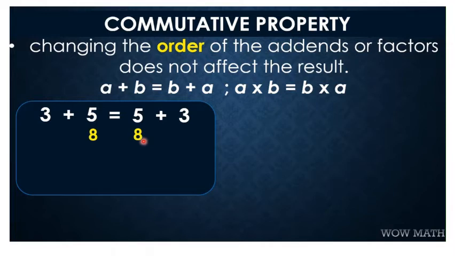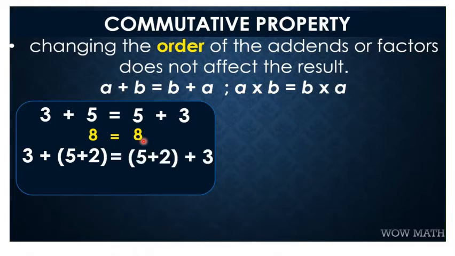What have you noticed? They are still equal. Another example, I have 3 plus the quantity of 5 plus 2. How do we make this commutative property? Since 5 plus 2 is grouped, we place it in front, and then 3 we move to the other side. So we changed its order, its position. 5 plus 2 comes first, and then positive 3 is in the second place.